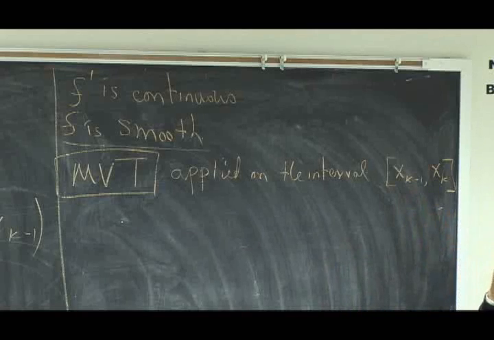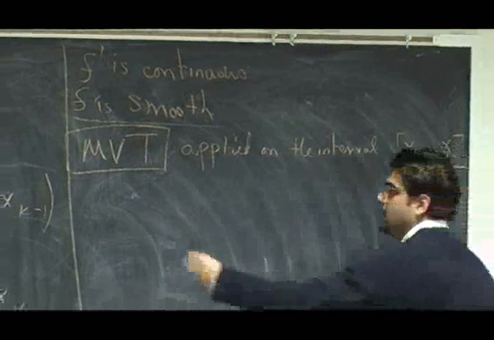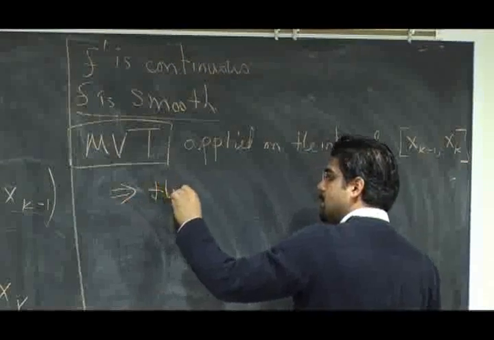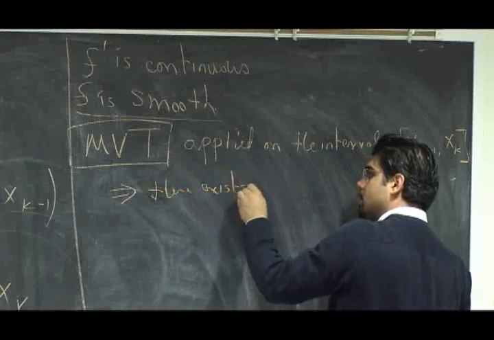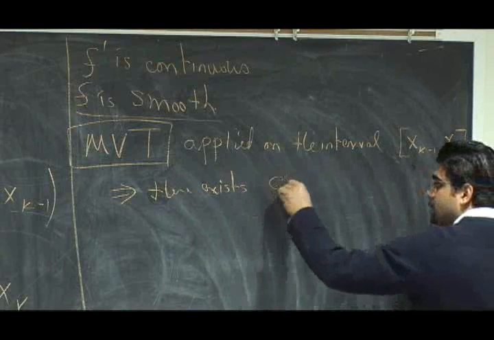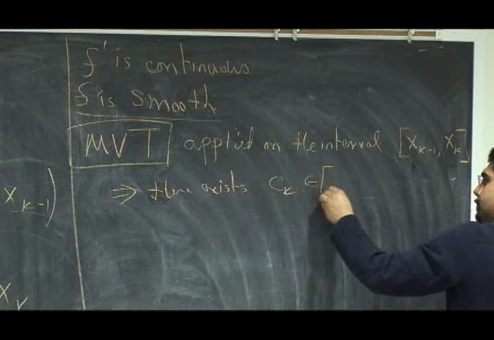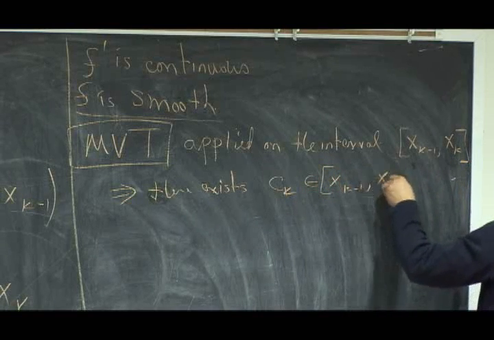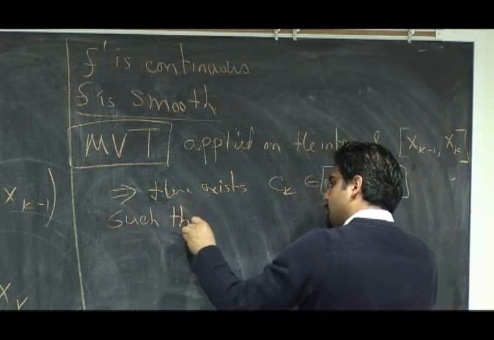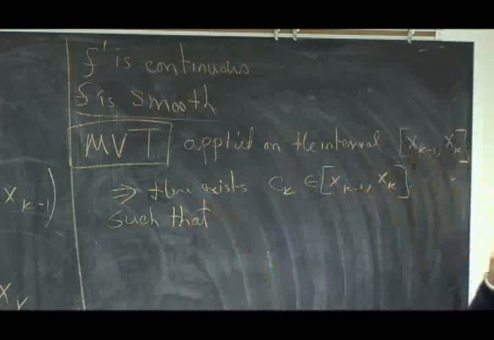Then what does the mean value theorem tell us? There exists a number in here, right? Let's call that number c sub k, such that what?